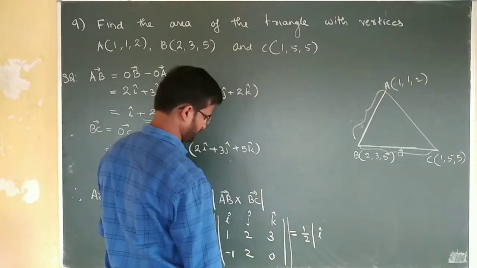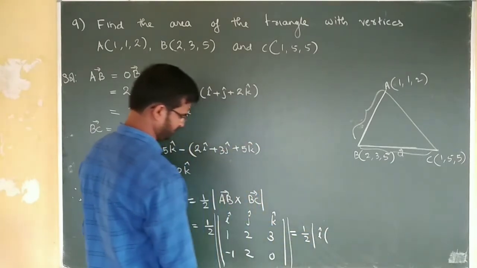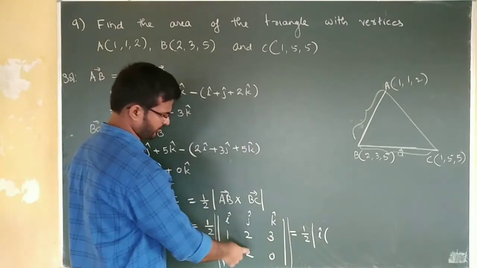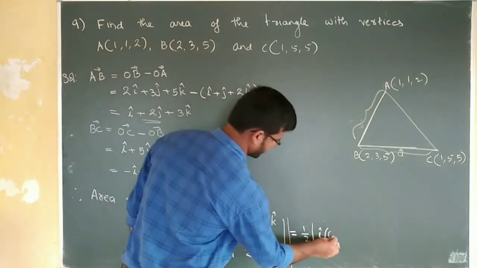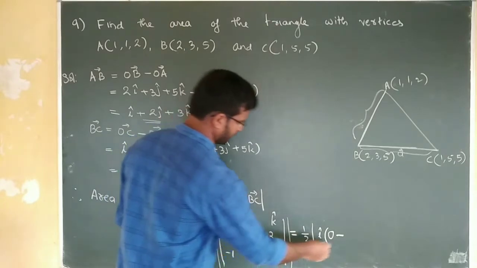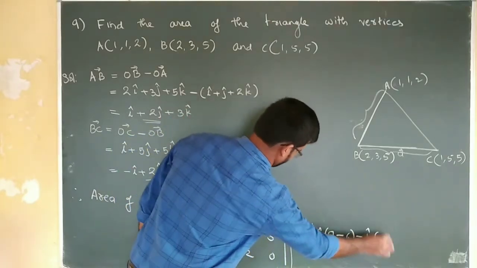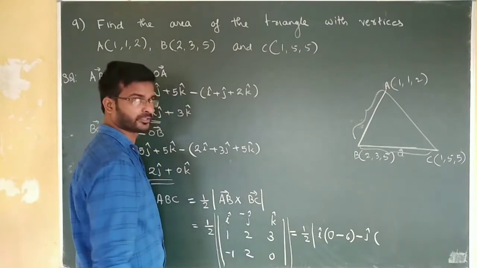i vector into, leaving the first column and first row, 2 into 0 is 0, minus 2 into 3 is 6, then minus j. The next sign will be minus only, isn't it?